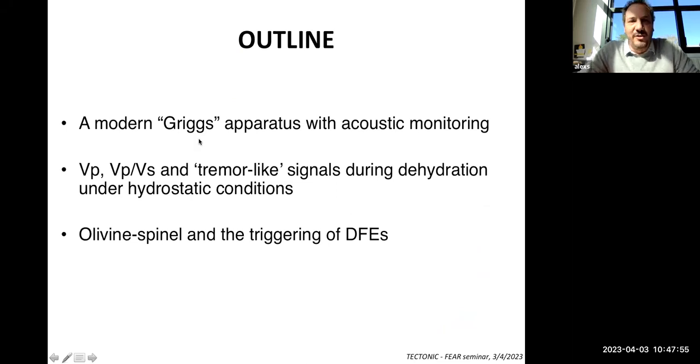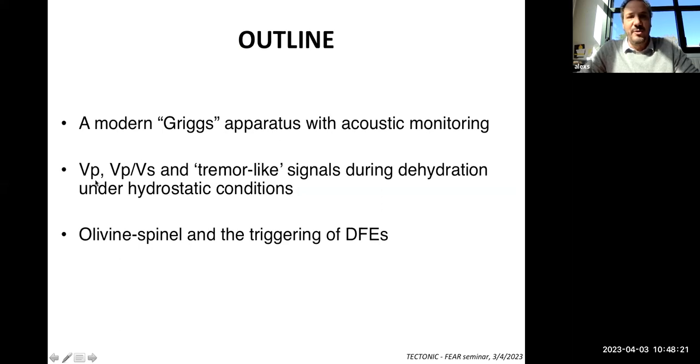So what I will show you today is how we can try to tackle this problem with rock mechanics experiments. First I will show you a new machine that was installed at ENS a few years ago, which is a modern Griggs apparatus that enables us to do acoustic monitoring.